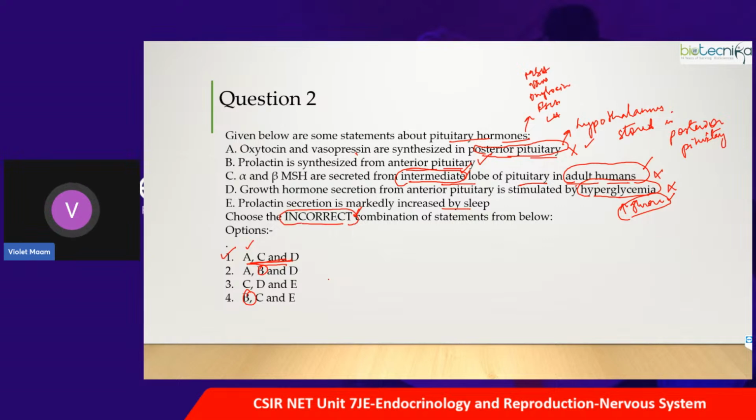Basically, prolactin secretion is during pregnancy. To certain extents, the sleep cycle will influence it. During the sleep cycles, there are certain periods, during which, if sleep is being deprived, the prolactin secretion will get inhibited. So that is why the E statement is correct. Yes, right, Vanishri, correct.